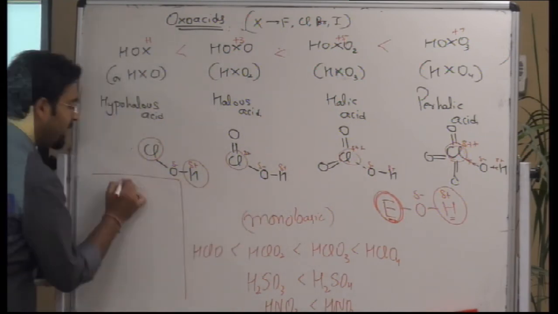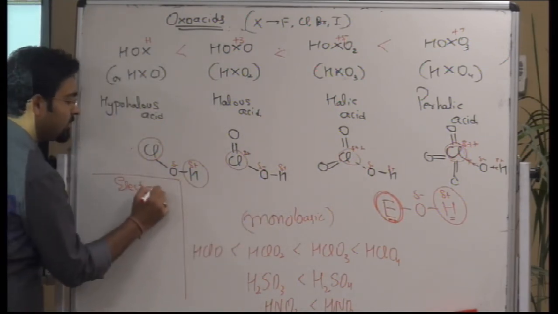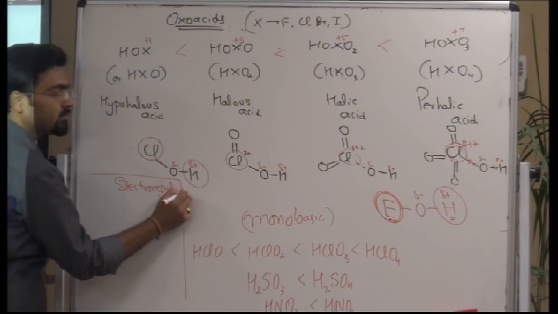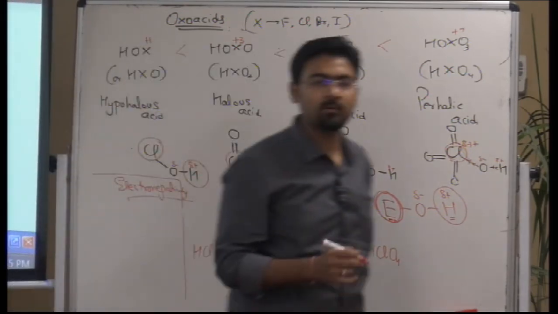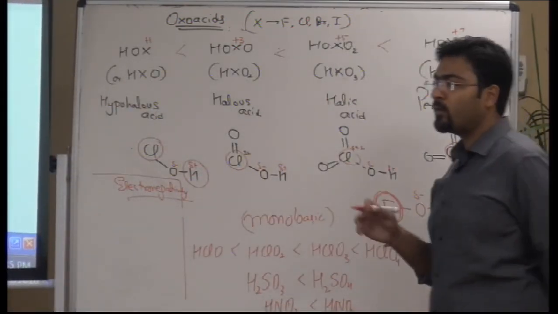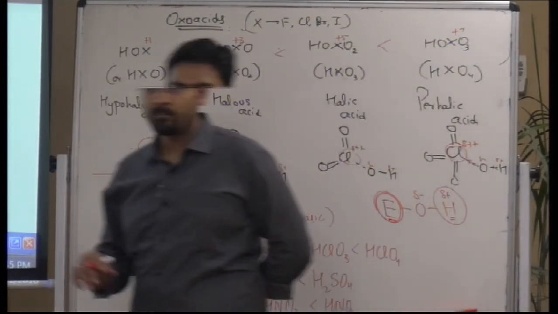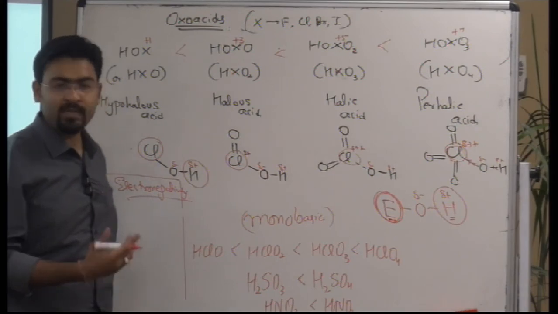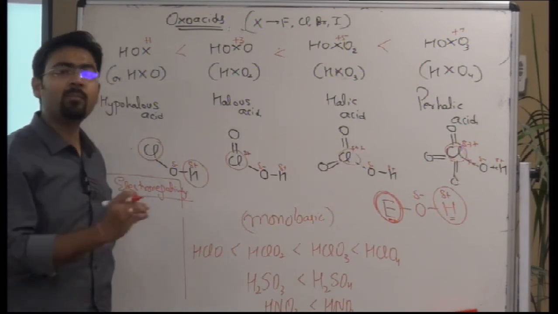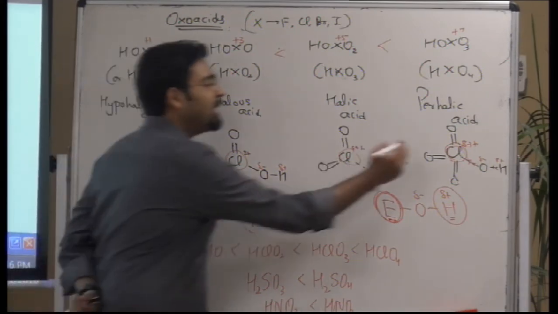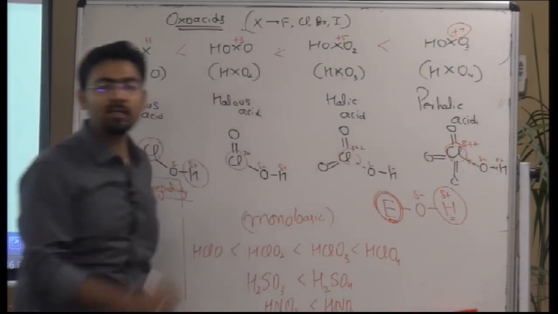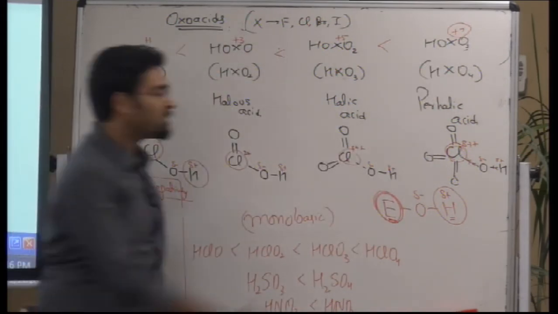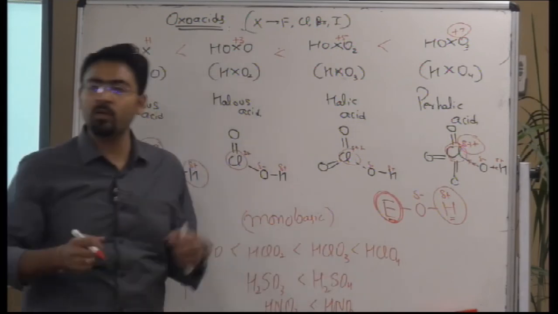So electronegativity of an element does not remain constant throughout the lifetime of the element, right? Electronegativity of an element changes with its hybridization, it changes with its oxidation state. Higher the oxidation state of any element, higher will be its electronegativity, because the high oxidation state represents high electron deficiency. If it's more electron deficient, it will have high tendency to pull electrons from the sigma bond.